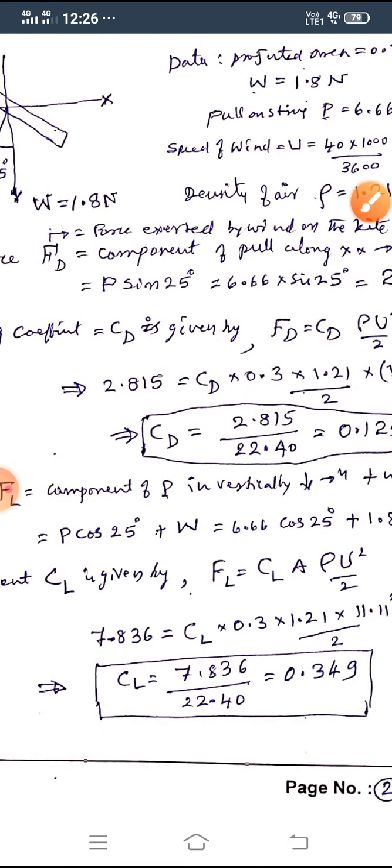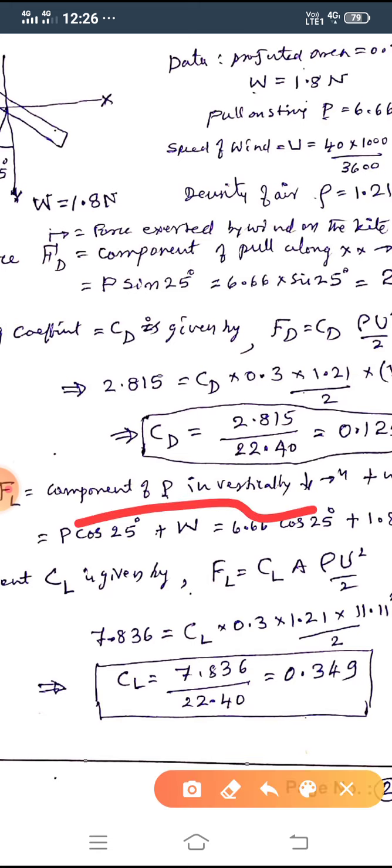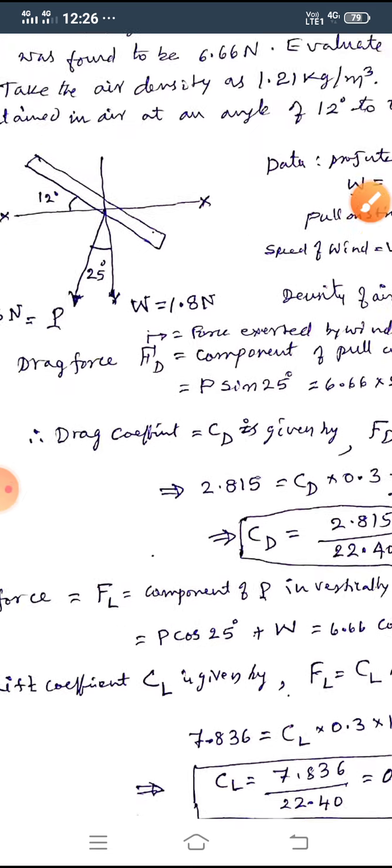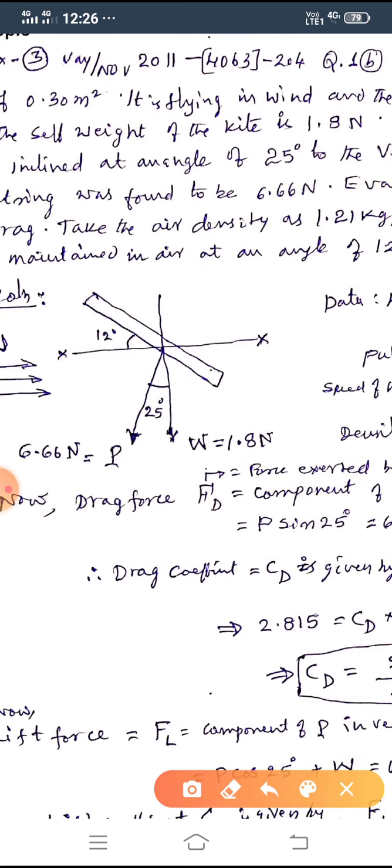Similarly, now the component of P in vertical direction, there are two forces. One is W, that is acting downward, and a component of the string P, that is also we have to take in the downward direction, that is P cos 25.